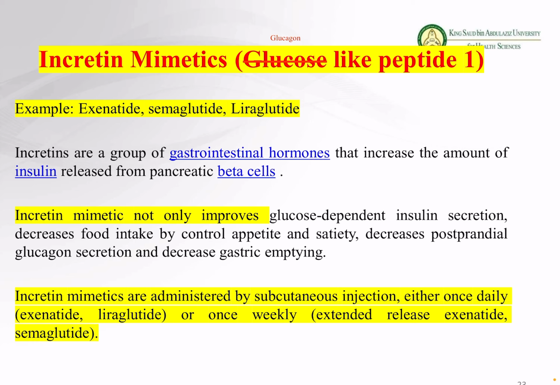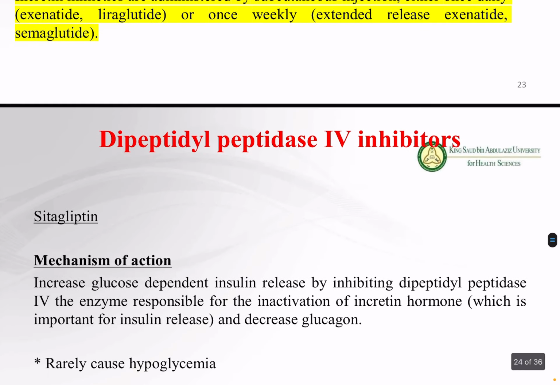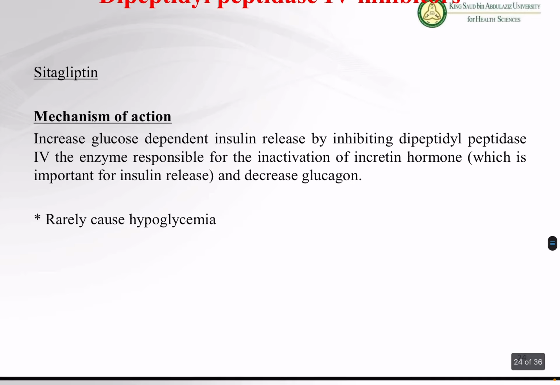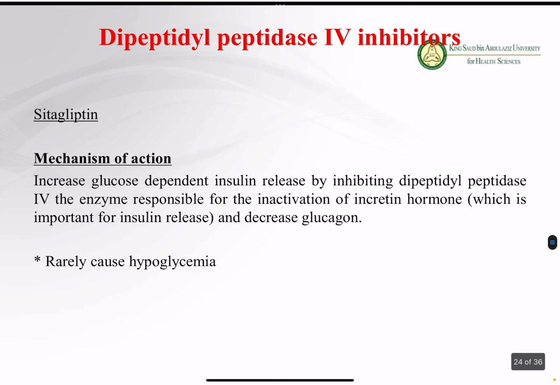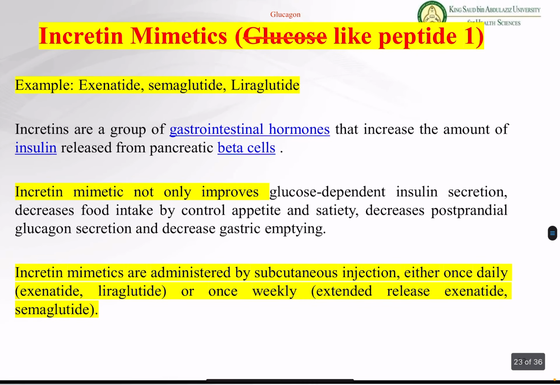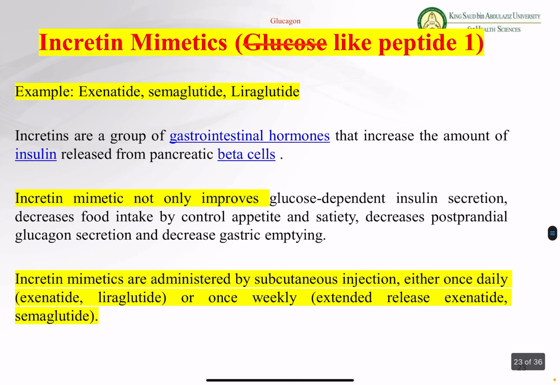Incretin mimetics are administered by subcutaneous injection, either once daily or once weekly. Once daily, we have exenatide and liraglutide, or once weekly, we have extended-release exenatide or semaglutide. You see that in both cases we have exenatide available, but one is mentioned with CR and the other is without CR.